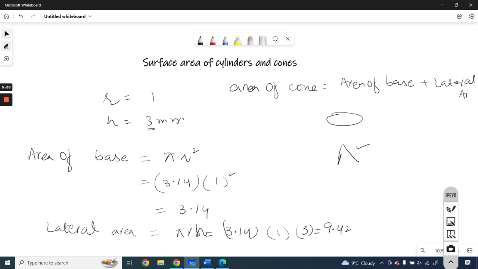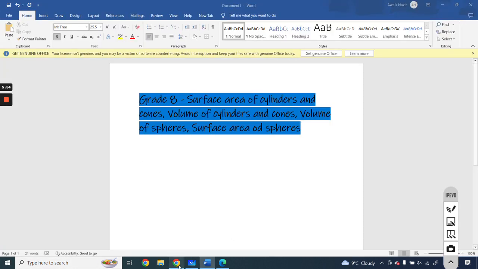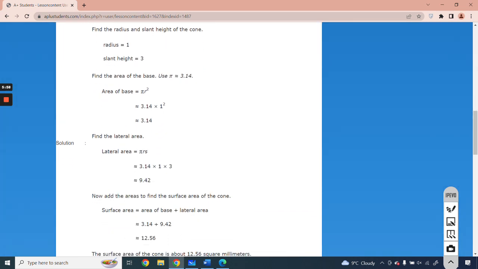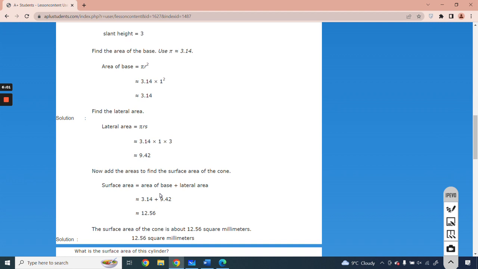So the area of base is 3.14 and the lateral area is 9.42. So just add them. 3.14 plus 9.42 would be 12.56 millimeter square. I think that would be the unit. Yes, that is 12.56 square millimeters. Got it?